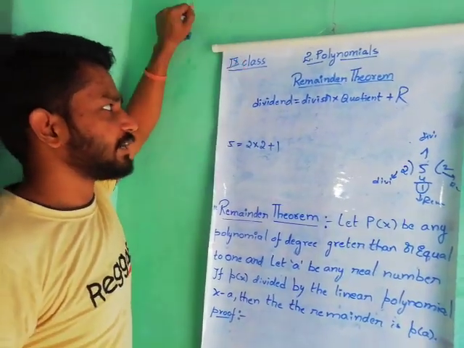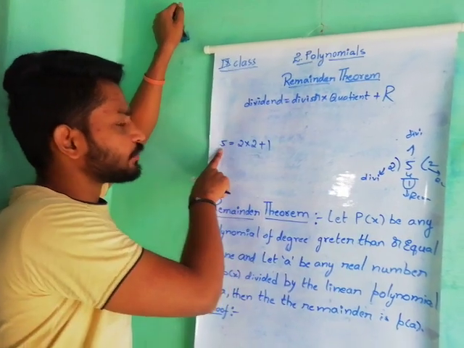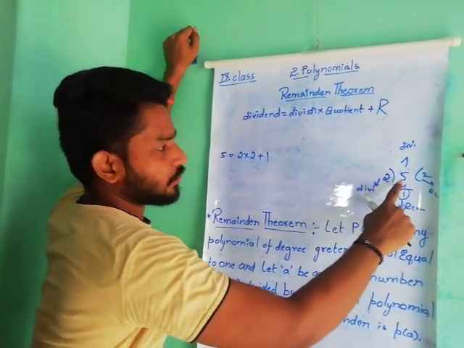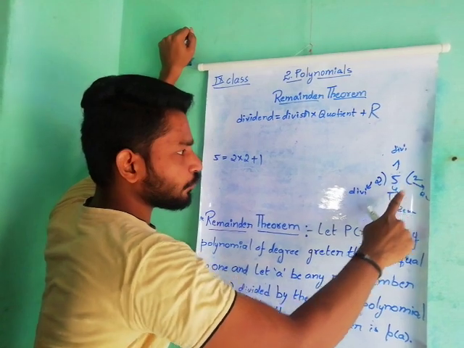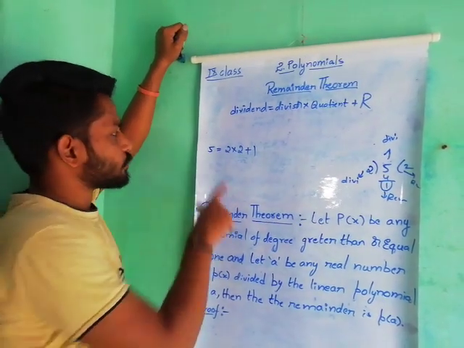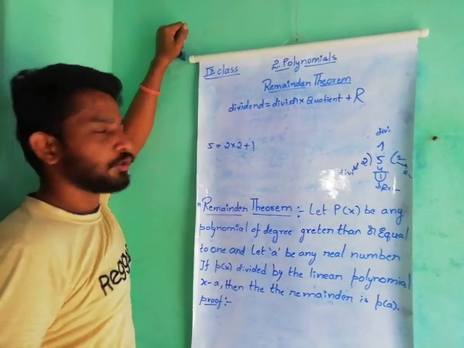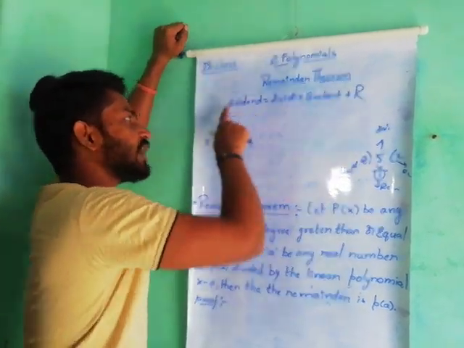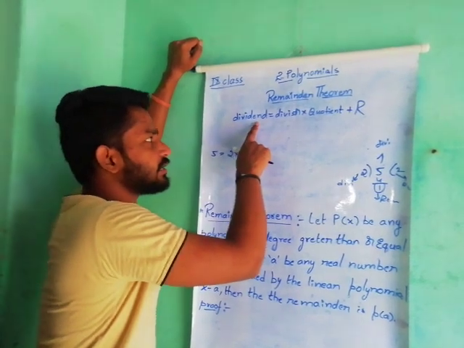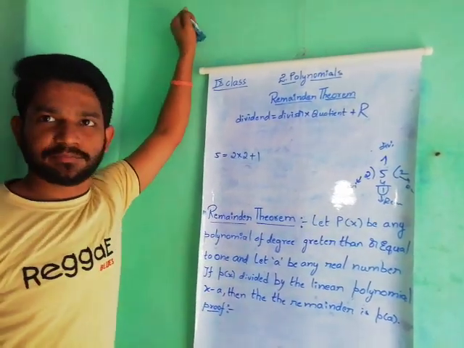So this is our identity. Here you can see dividend 5 is equal to divisor 2 into quotient 2, that is 4, plus 1. You have to keep this identity in your mind. By using this identity we have to prove the remainder theorem.